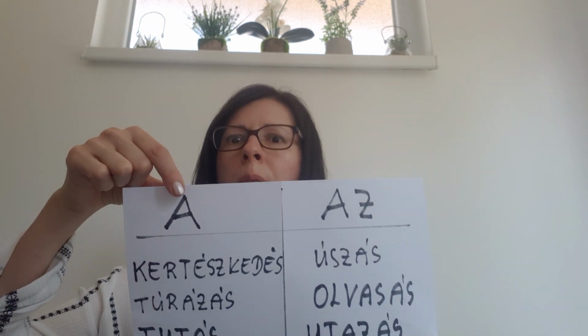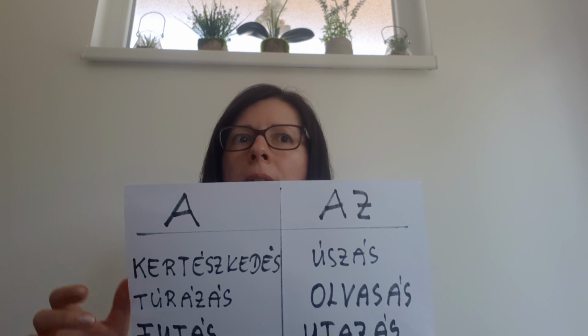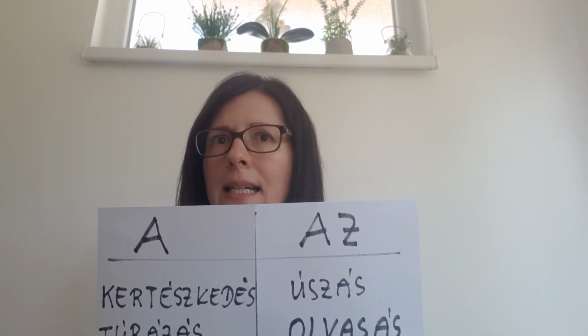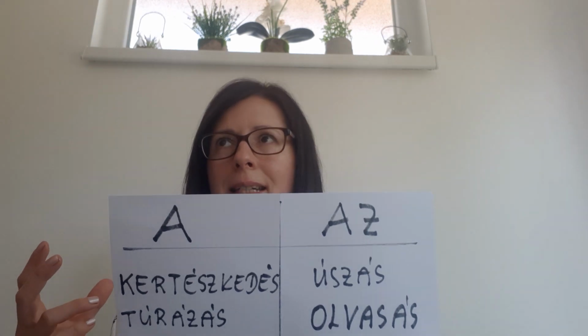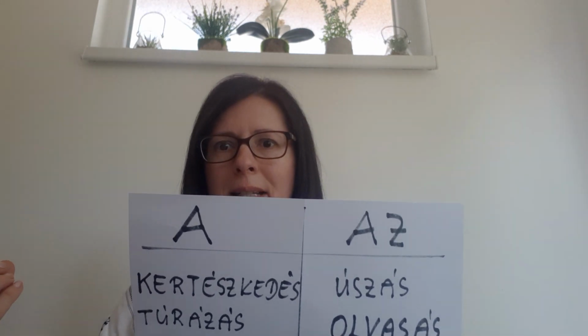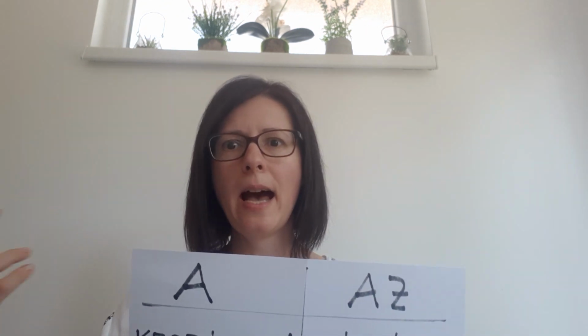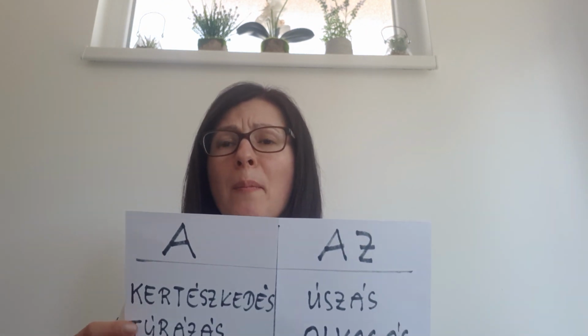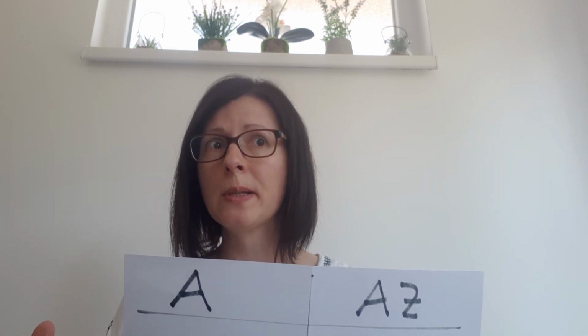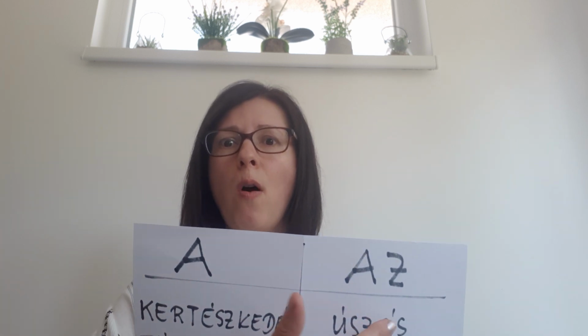The a and az are the definite articles in the Hungarian language, such as in English, the article the. For example, the city, the apple. But unlike in English, there are two different forms, a and az.